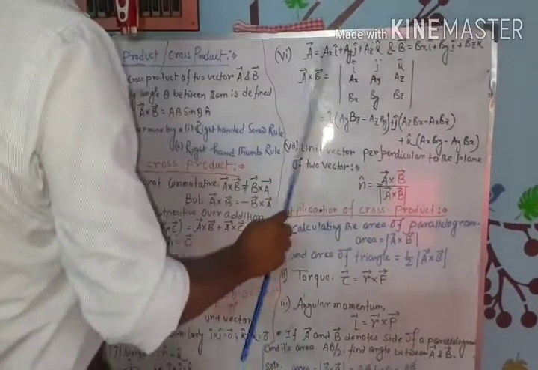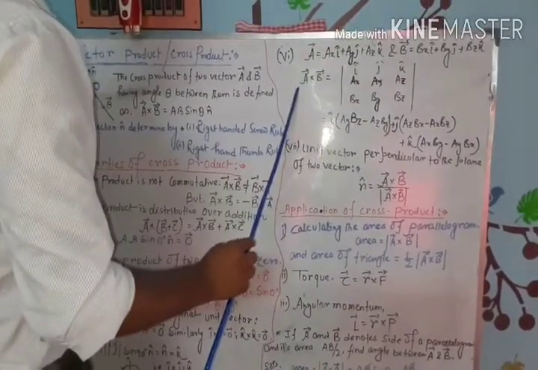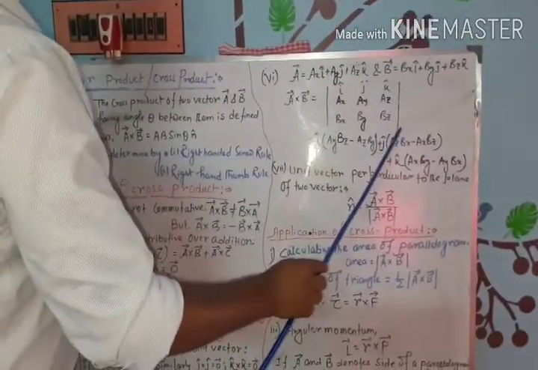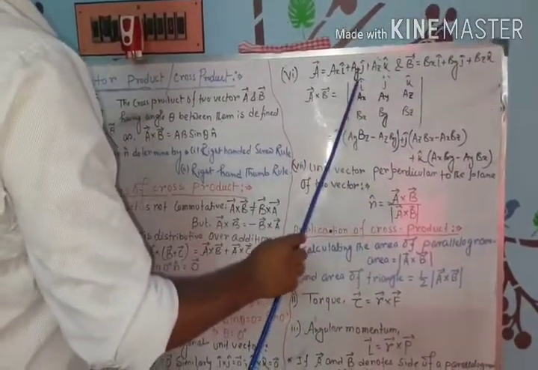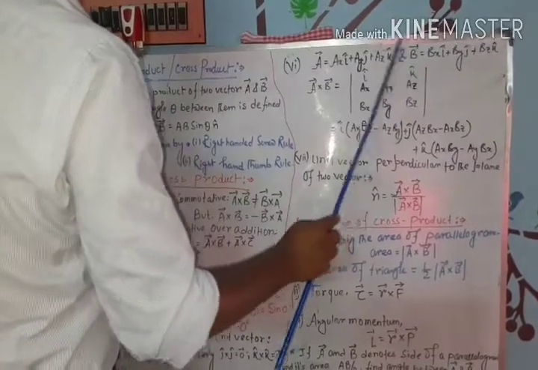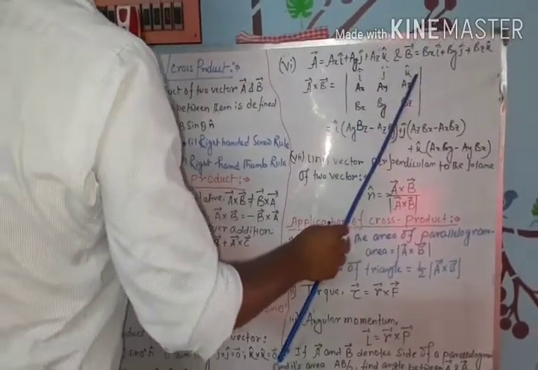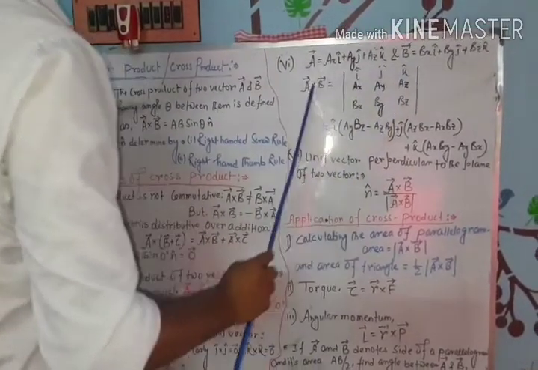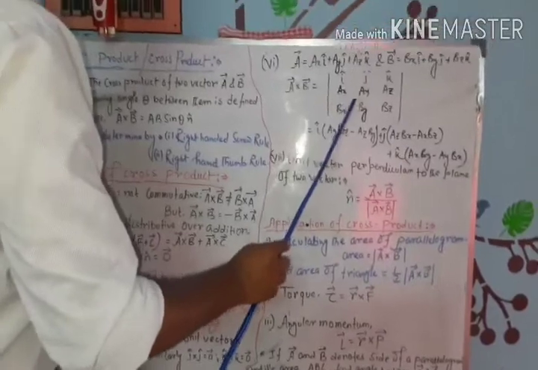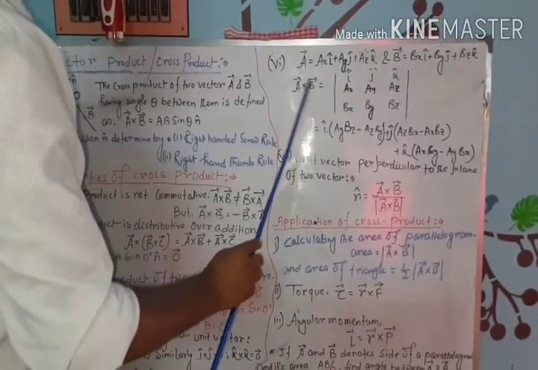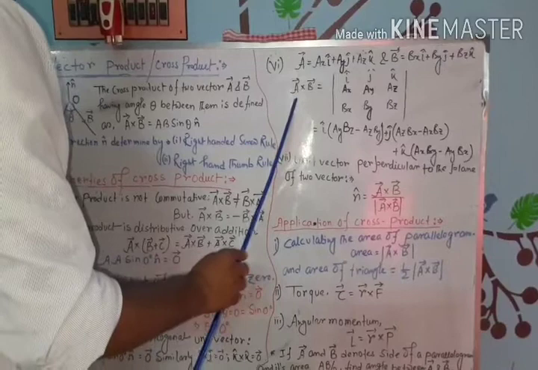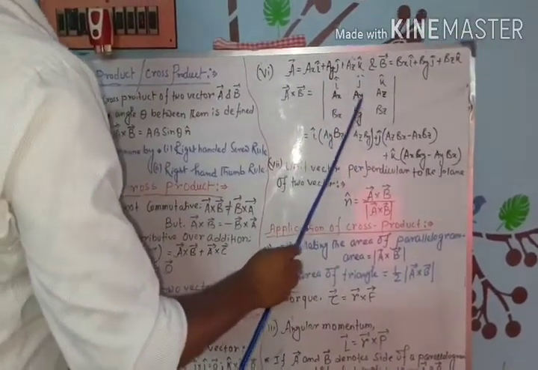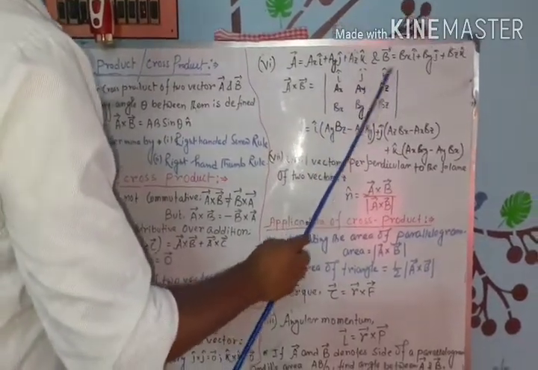To determine A cross B, we have to take a determinant form, and within that determinant we write i cap, j cap, k cap. Below i cap, j cap and k cap, we write the components of the two vectors A and B like this. As A cross B, first we write the components of A vector, next we write the components of B vector, that is Ax, Ay, Az, Bx, By, Bz.